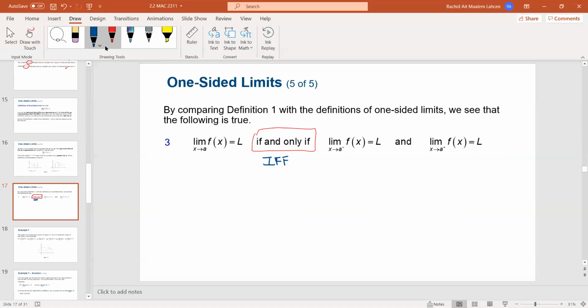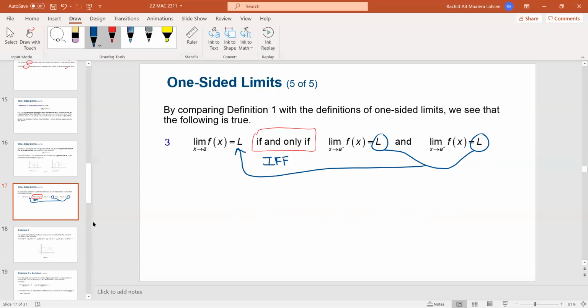So when you do the left hand and right hand side limits, and you get L and L, you can combine the two in this. All right, so this is important to know.